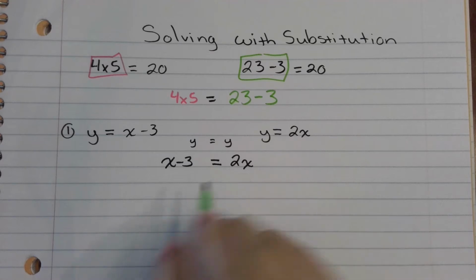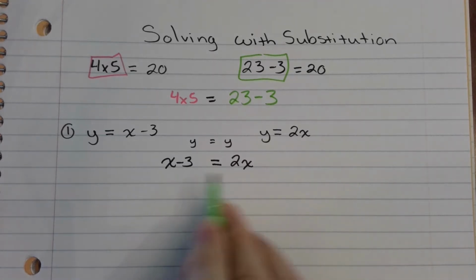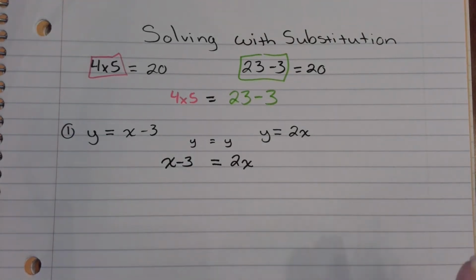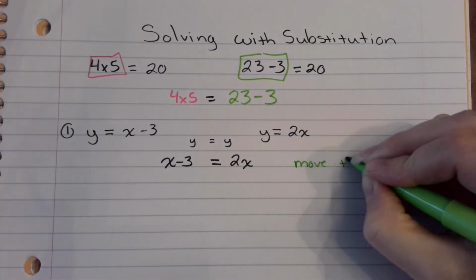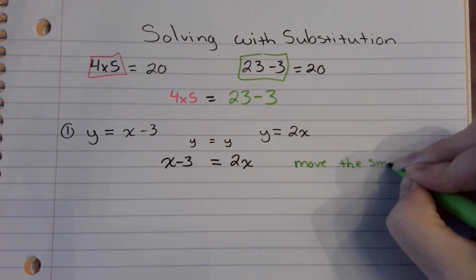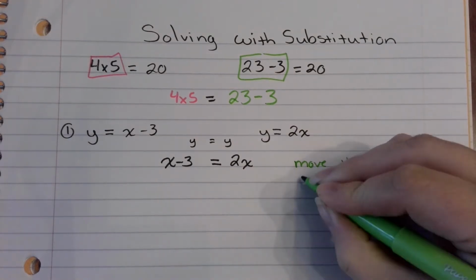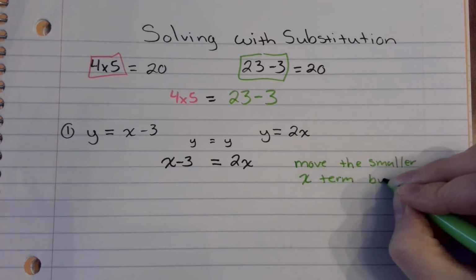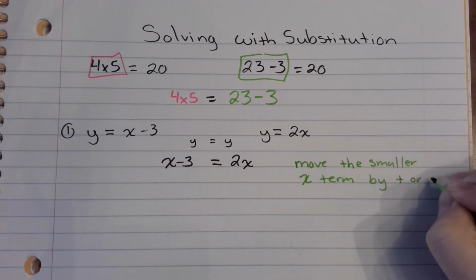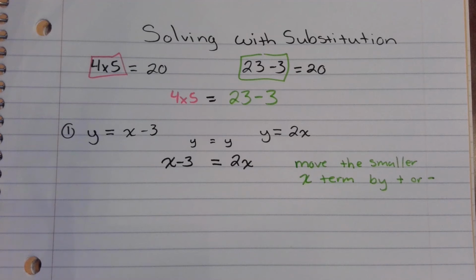So in this case, because I have a variable on both sides, we got to move back to that unit that we went over with equations. You need to move the smaller x term by addition or subtraction. You've got to move that smaller x value by either adding it or subtracting it to both sides.